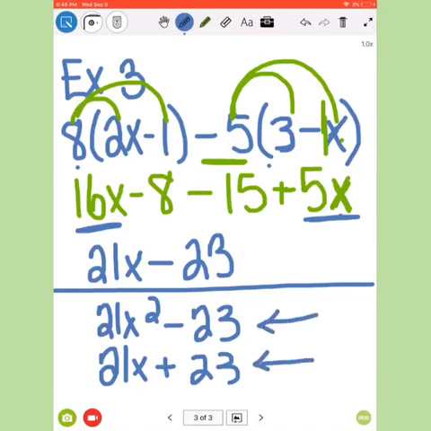And the reason I say that is because there are misconceptions out there with combining like terms. The first misconception is right here, that when you add terms like 16x and 5x, a lot of kids want to change that exponent. And you can see we did not. This is the correct answer right here.